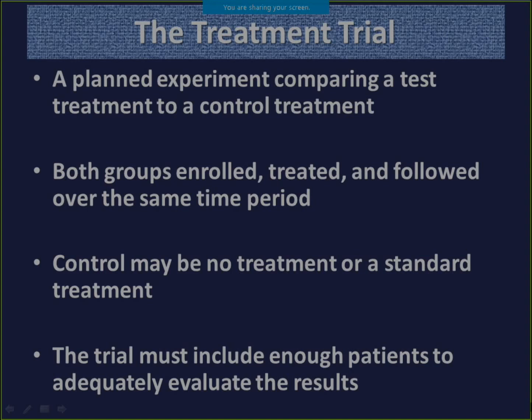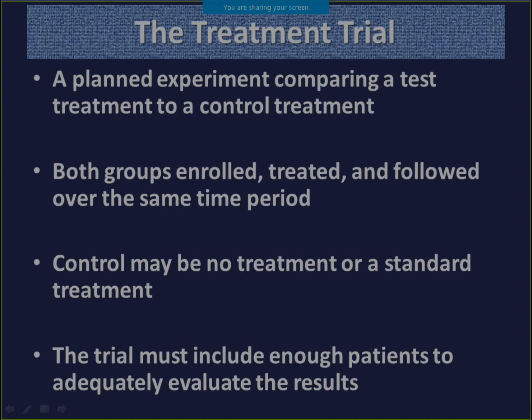It's a planned experiment that takes place in a clinical setting rather than a laboratory setting, using multiple patients exhibiting the same medical problem. And important aspects of a treatment trial include that both groups, your treatment and your control, are going to be treated and followed over the same time period. And that takes away a lot of uncontrolled factors that might show up if you try to use historic studies.